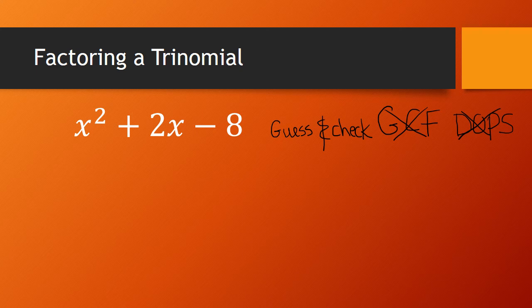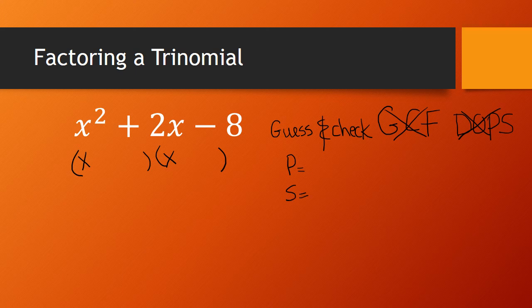So for guess and check, I'm going to have to come up with two binomials. Each binomial is going to have x because x times x is x squared, and x squared is the first term in the trinomial. The second thing I need to do is to find the product of the numbers that I think should be inside the binomials and the sum.